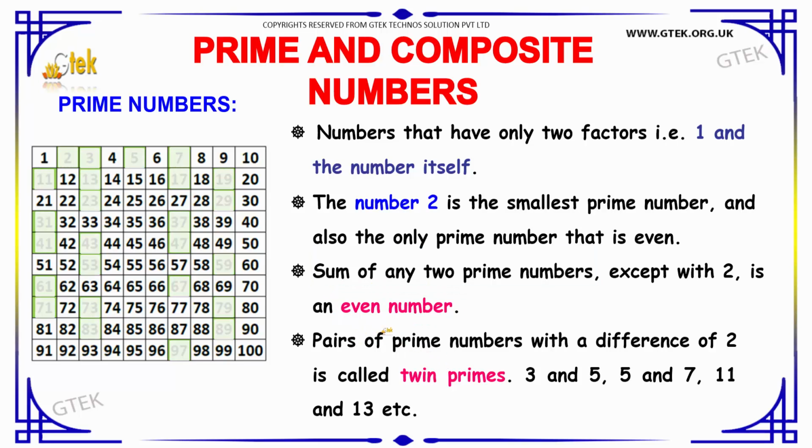The pairs of prime numbers whose difference is 2 are said to be twin primes. That is, 3 and 5 are prime numbers, 5 and 7 are prime numbers. Their differences are 2. Hence, the prime numbers whose difference is 2 are said to be twin primes.